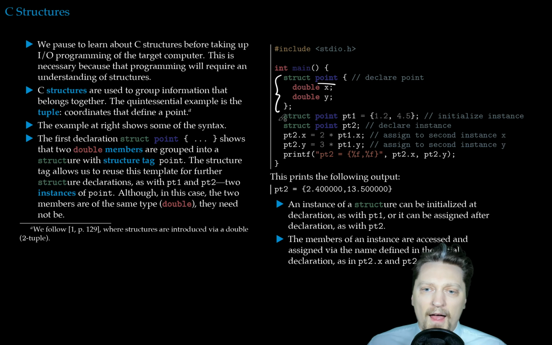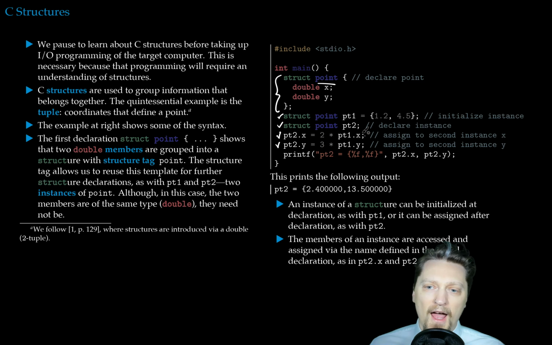In the line after that, we declare an instance pt2, but we did not initialize the values. So in the following lines, we will assign to pt2.x a value of 2 times pt1.x and pt2.y a value of 3 times pt1.y.